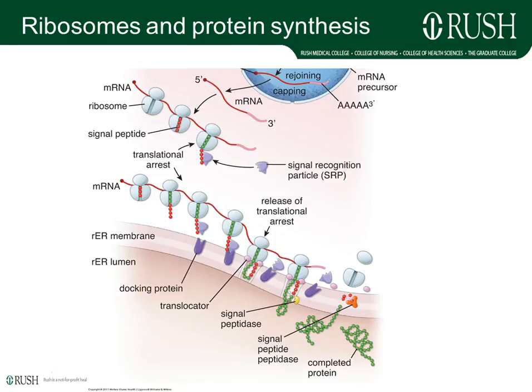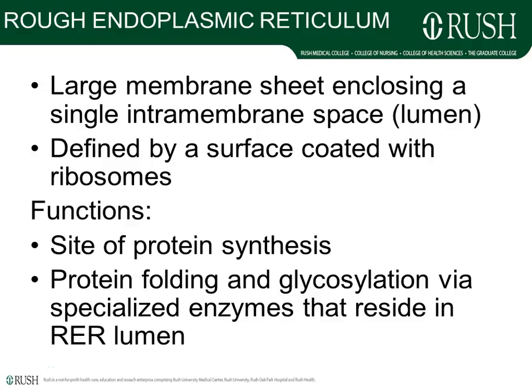However, this is here really just to remind you to go through those steps of protein synthesis and recall all of those details, how the RNA binds to the ribosomes and the signal recognition particles that are involved, and the initial portions of the proteins and how it then docks onto the RER and so on. All right, so just go through all of those and remind yourself of that process.